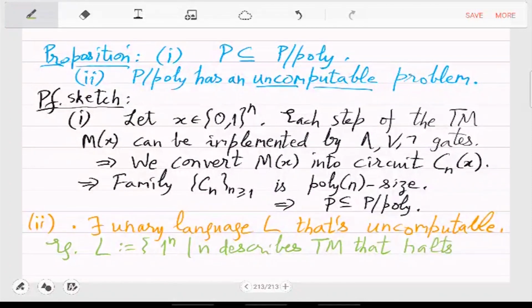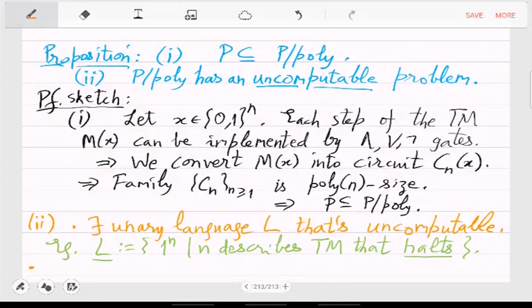If you take this language, then clearly the halting problem reduces to this. So, L is uncomputable. And now what you do is you have a trivial circuit C_n which will accept only when 1^n is in the language, otherwise it will reject.